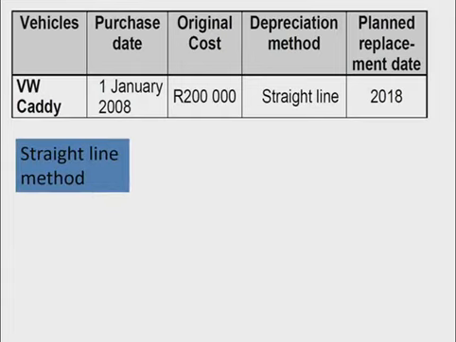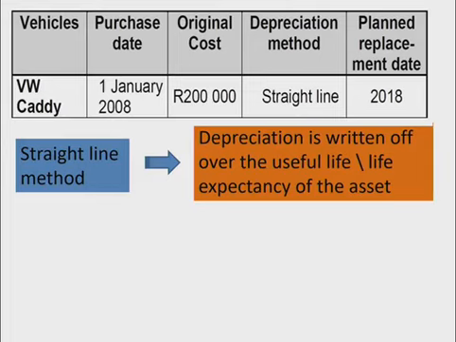So the straight line method means that the depreciation will be written off over the useful life or the life expectancy of the asset. And in this case, it is expected to last 10 years. From 2008, that's when we bought it, and we're going to replace it in 2018, so it's supposed to last for 10 years.